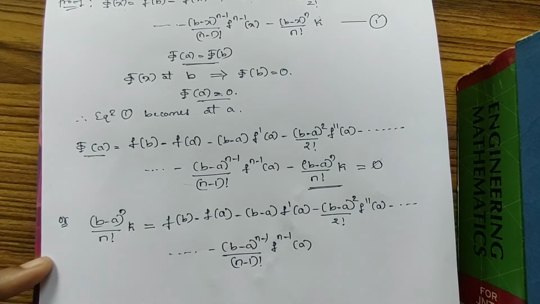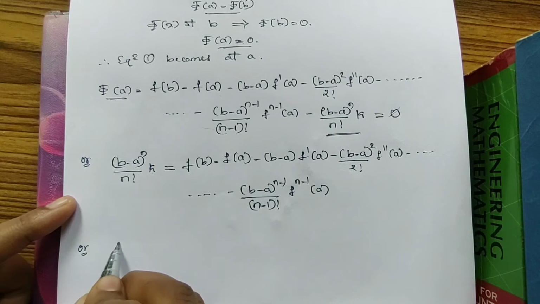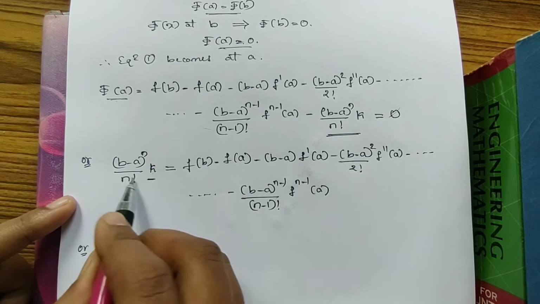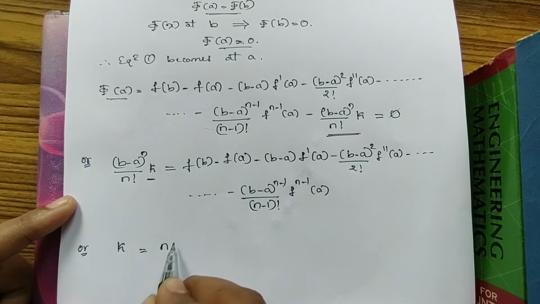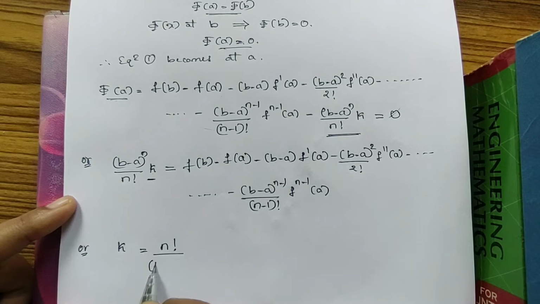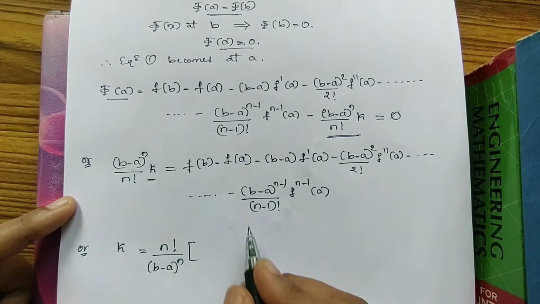Or simply, we will send this term to the right side, so k is equal to n factorial divided by b minus a to the power n, and the remaining terms as they are.